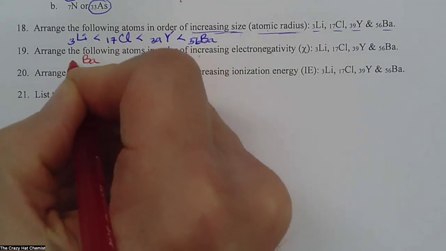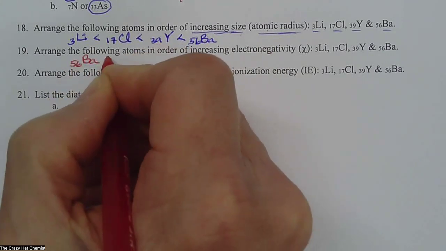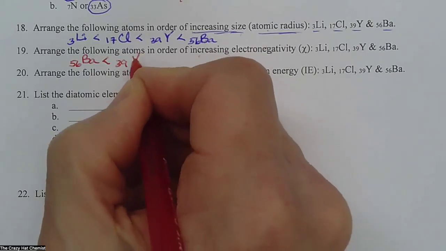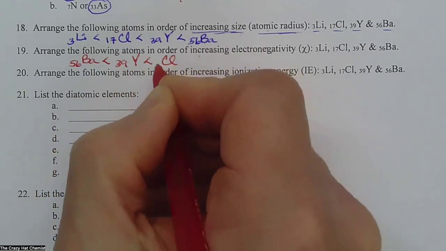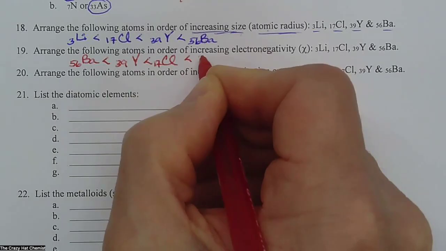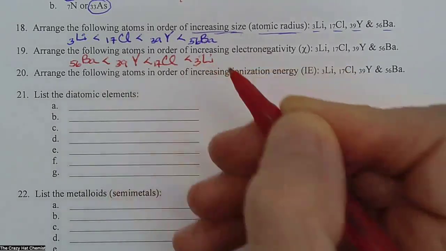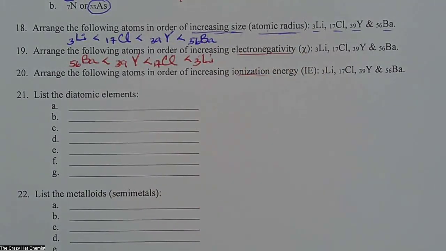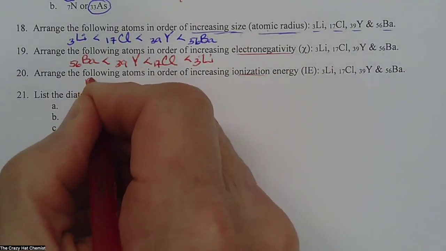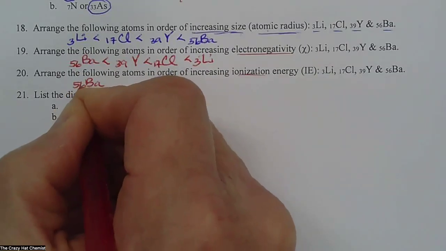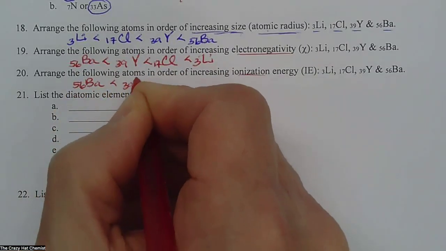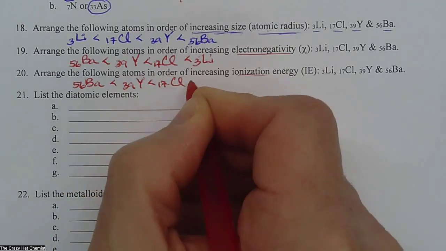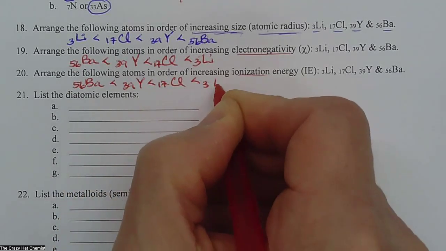Barium, number 56, is first, then 39, yttrium, then chlorine, 17, and then lithium, number 3. Ionization energy and electronegativity follow the same trend, so I'm just going to duplicate that. There we go, just like that, with 17, and then 3 for lithium.